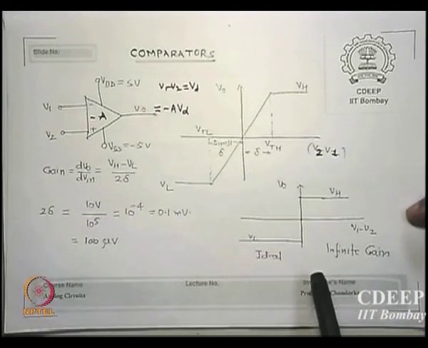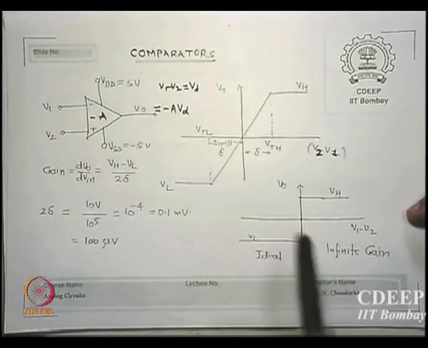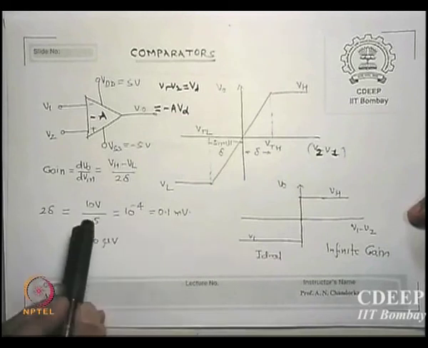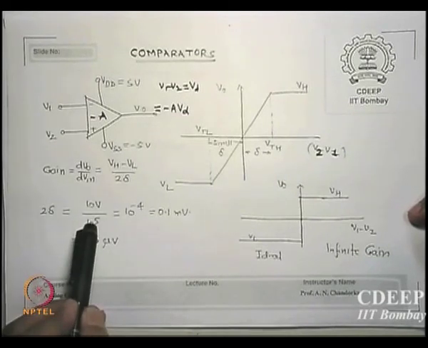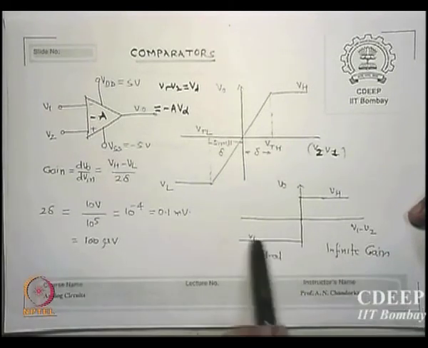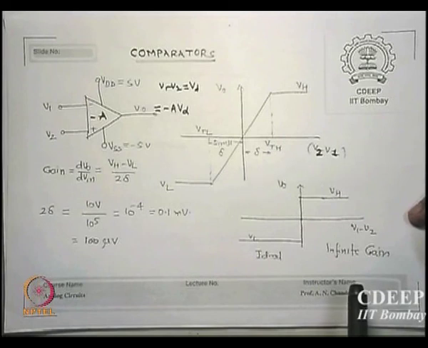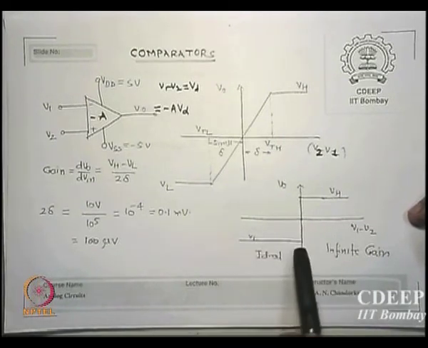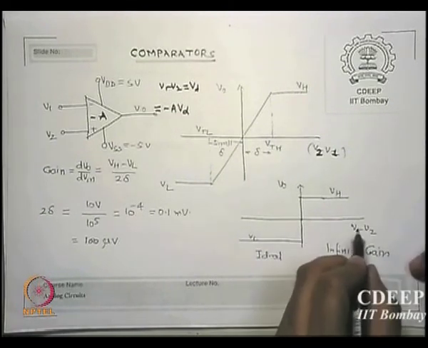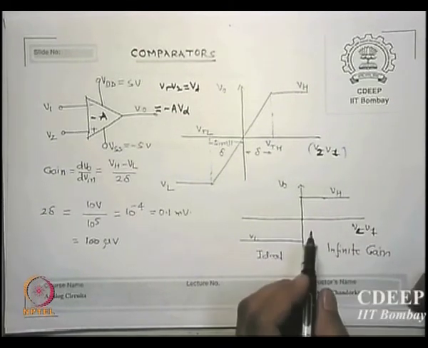तो यदि मैं समझ लिया कि गेन बहुत ज्यादा है, so this characteristic can then look, delta will become close to 0. If this value is very high, then tends to infinity, let's say, delta will tend to 0. So ideal op-amp का गेन यदि infinite माना, तो ट्रांसफर कैसा होगा?